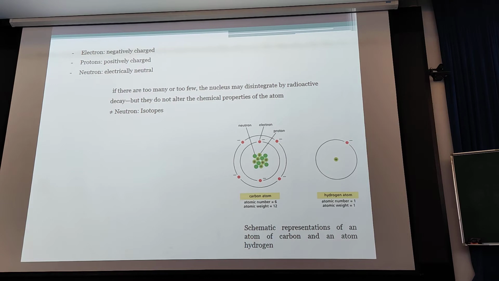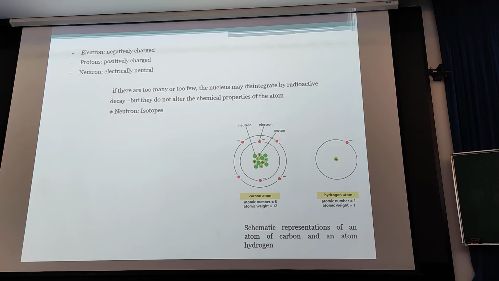Here is a scheme representing an atom of carbon and an atom of hydrogen. You can see that the atom has a few different things floating around inside. We have the electrons, which are negatively charged, protons, positively charged, and neutrons, which are neutral.